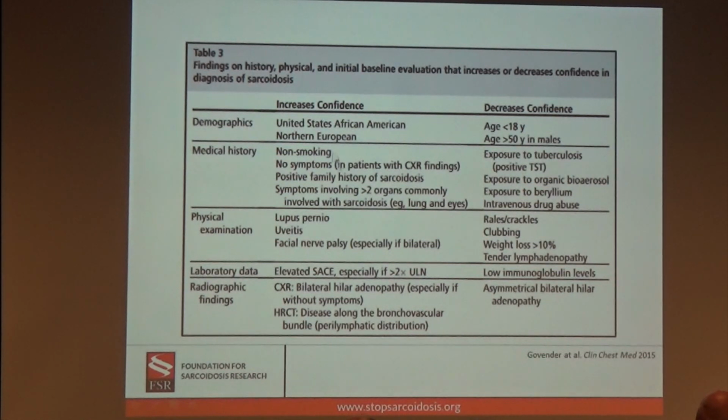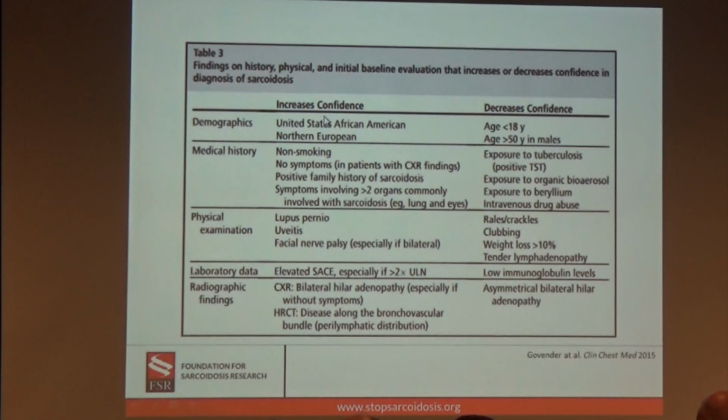Now, I take these things with a grain of salt, because when I worked in the Cleveland Clinic, my clinic was primarily Caucasians. Down in Florida, I have a mix of 50-50 African Americans and Caucasians. So I always take these things with a grain of salt.